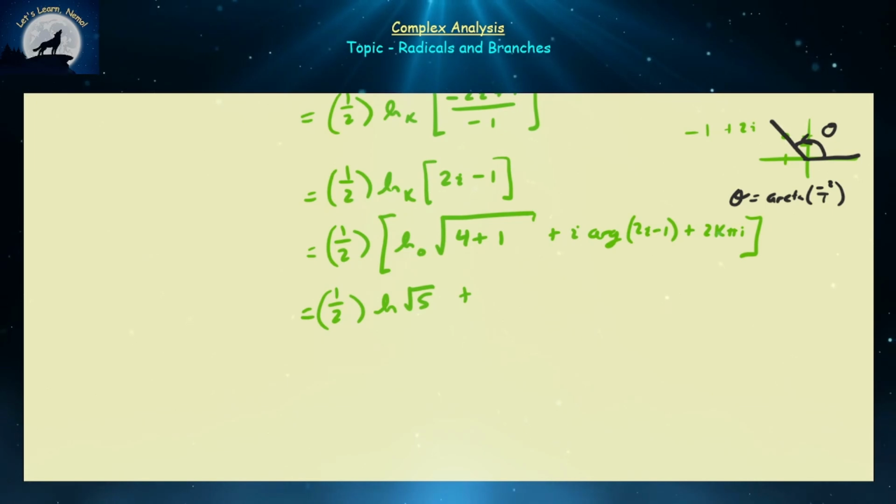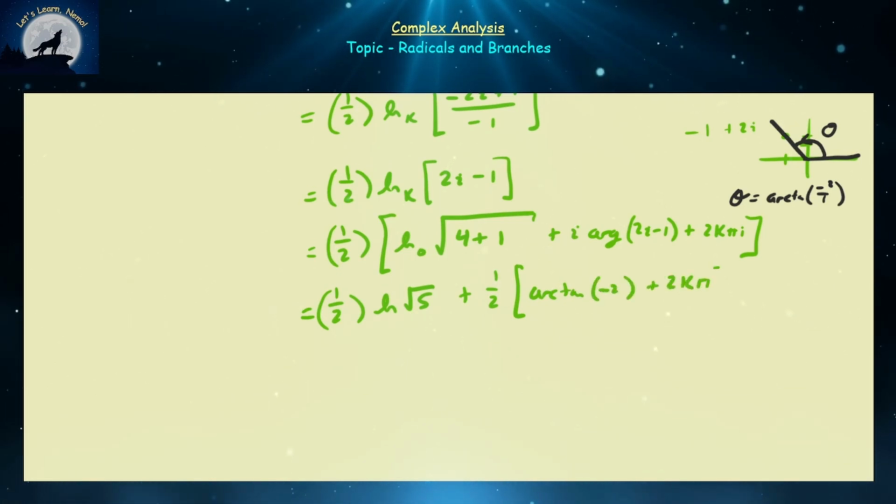So plus, we factor out our i from the expression, so 1/2 times i on the right-hand side, then the arctangent of minus 2, and then plus 2kπ, and then i.